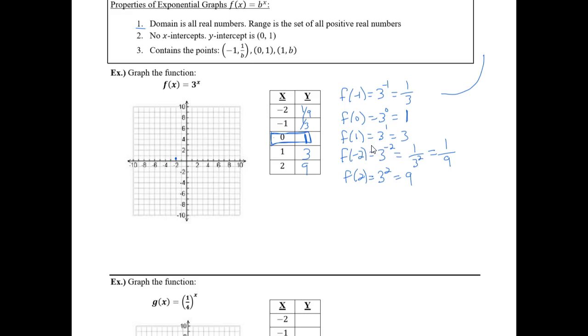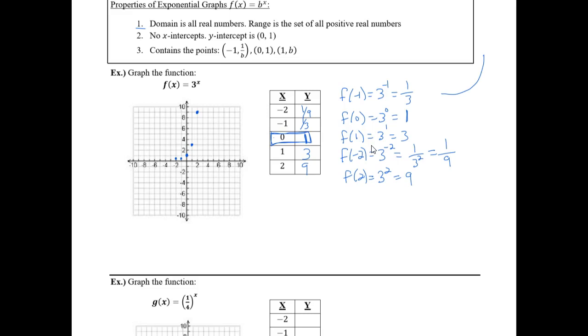Then (-1, 1/3), so about 1/3 of the way up. Again, it's hard to be precise here. And then (0, 1), (1, 3), and then (2, 9). So we see it's going up pretty fast.